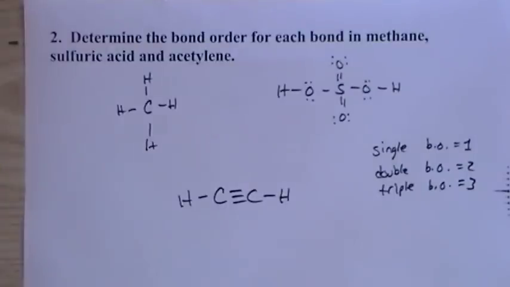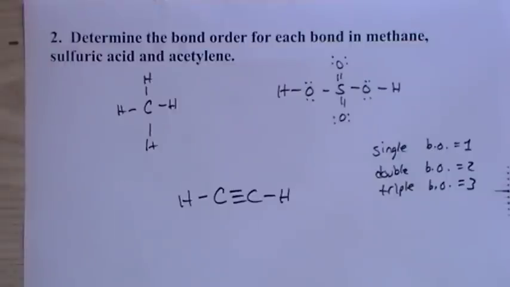Now, when students see this the first time, just like the bond length, it's so ridiculously simple that it seems like, why even bother to rename it? Well, because what we'll see later, when we're studying in chapter 10, is they talk about bond orders of 1.5 or 2.5, fractions.